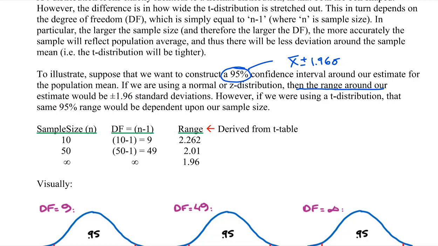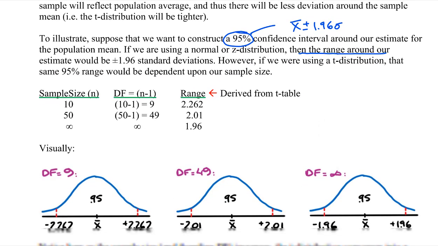However, if we are using t-distribution, that same 95% range would be dependent upon sample size. So that is the main distinction with t-distribution, is that its distribution is dependent on sample size. So let's look at some sample sizes. In the first case, we have a sample size of 10, so that works out to degrees of freedom of 9.